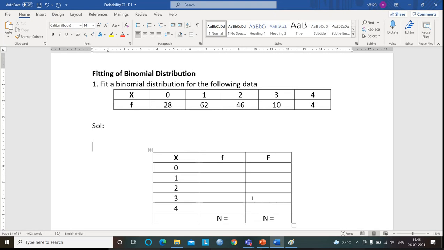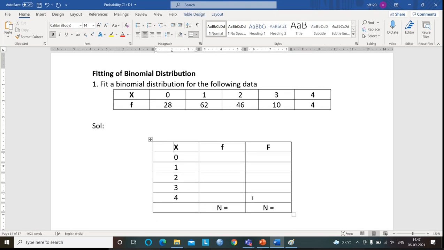So for that, we will find out new frequency values. These frequency values are given as 28, 62, 46, 10, and 4. Based on these values, I have to find out new frequency values.